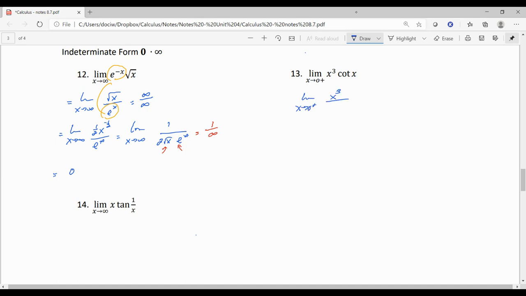Multiplying by cotangent is the same as dividing by tangent. So now we're approaching 0 over 0.